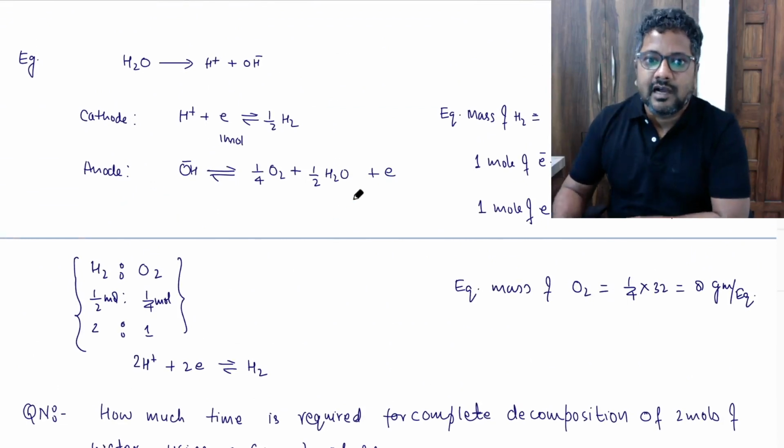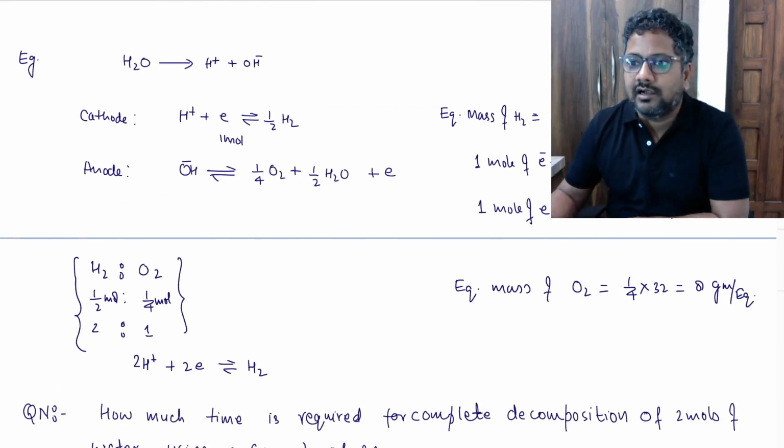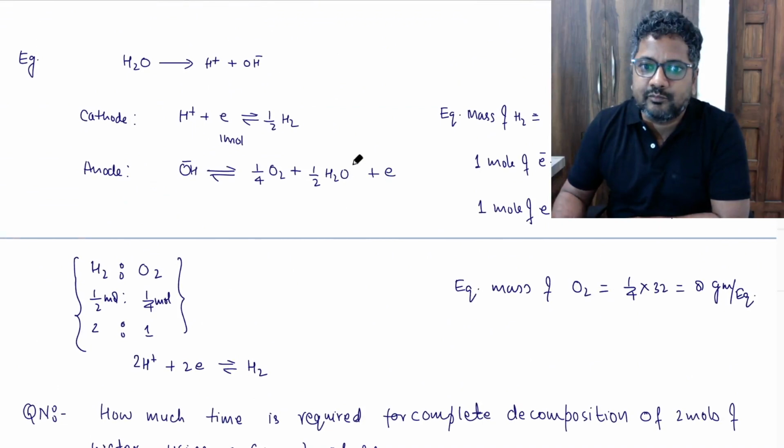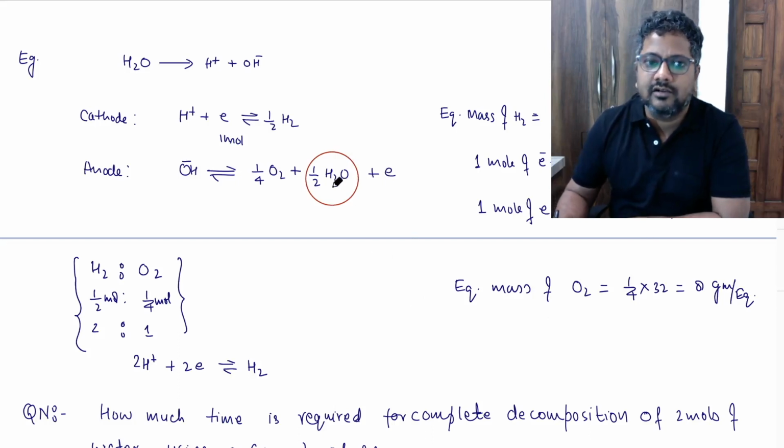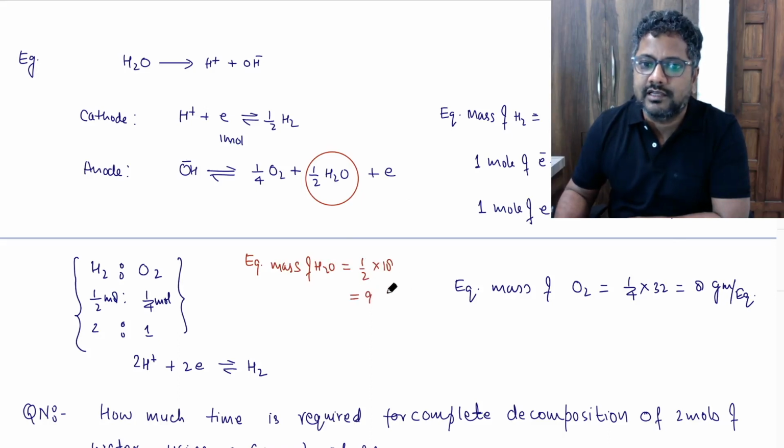See here. How many moles of water are deposited here per mole of electron? So here 1 mole of electron deposited half mole of water. So the equivalent mass of water is equal to half mole into 18, so this becomes 9 grams per equivalent, right?